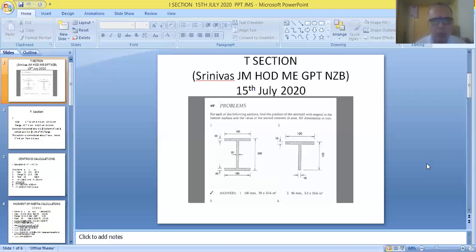So the T section, consisting of one web and one flange, is made in the form of letter T, and it is simply called a T section. And the I section consists of one web and two flanges.